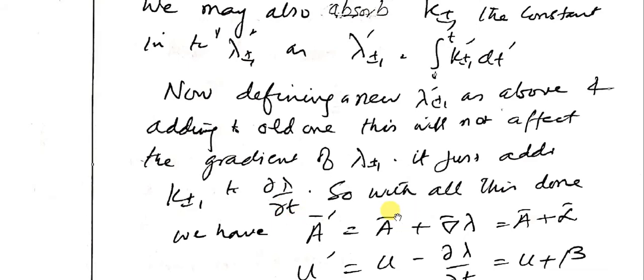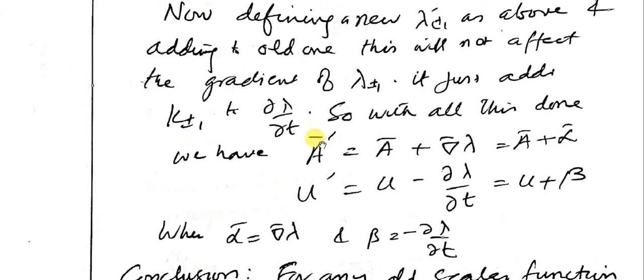So with all this done, we have now A prime, the magnetic vector potential. This is the changed vector potential. We suppose that it is changed, equal to A plus gradient of λ, which is equal to A plus α. So this is the new term which has been added. With the addition of the new vector potential, it will not change the main original field.